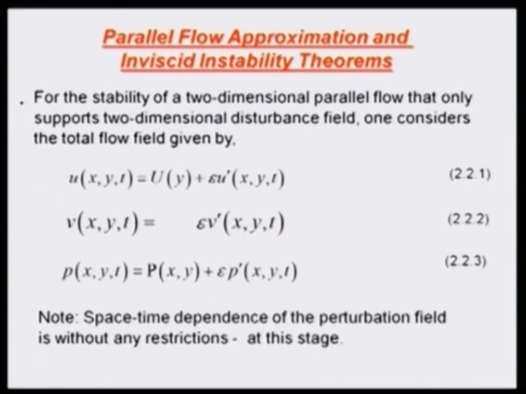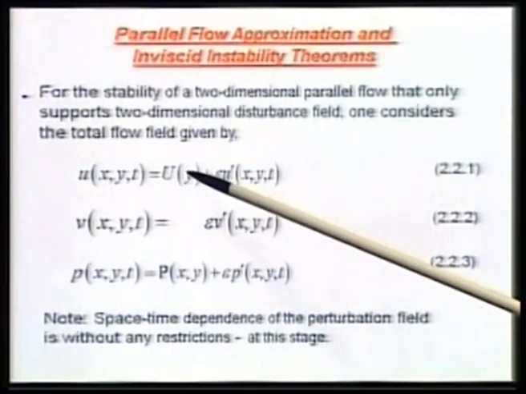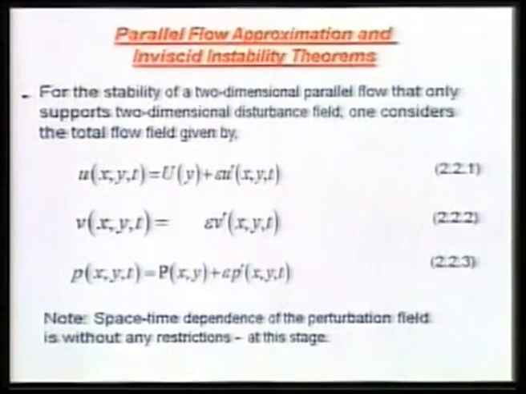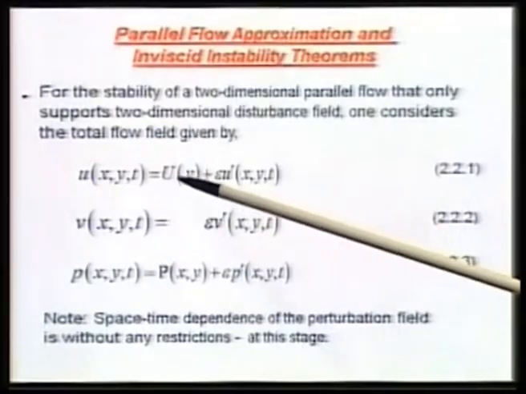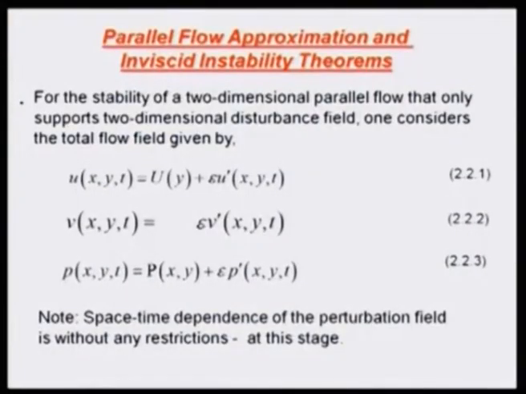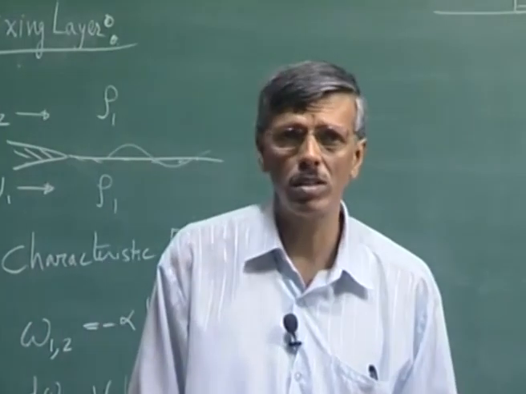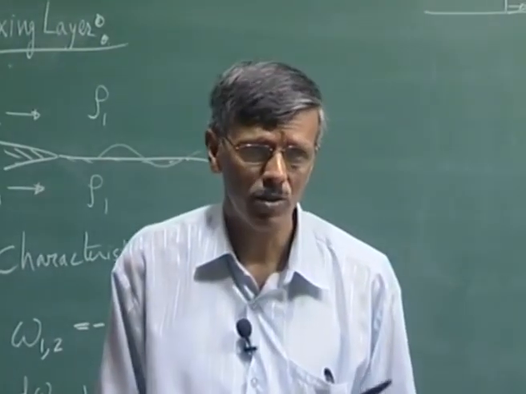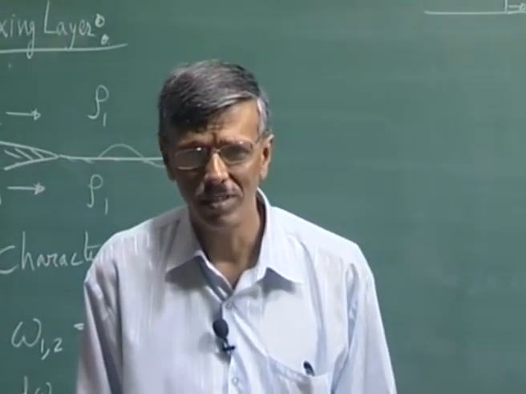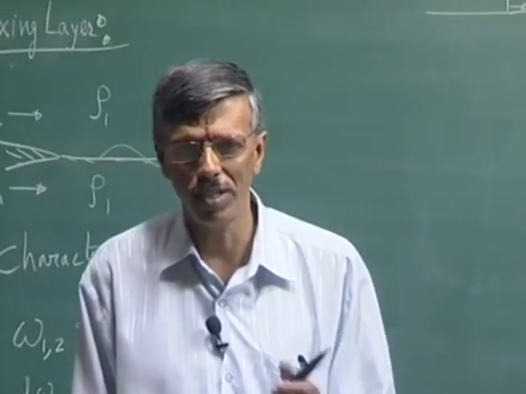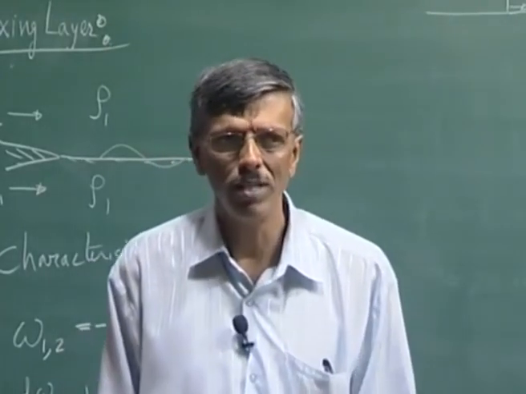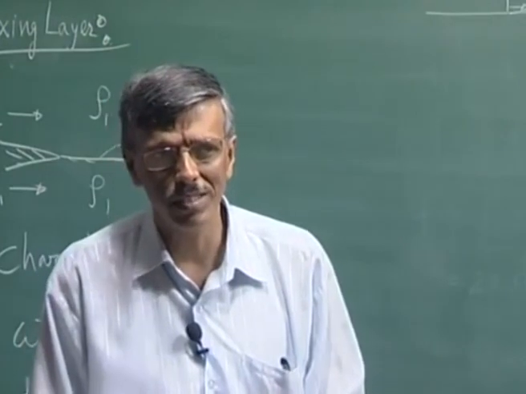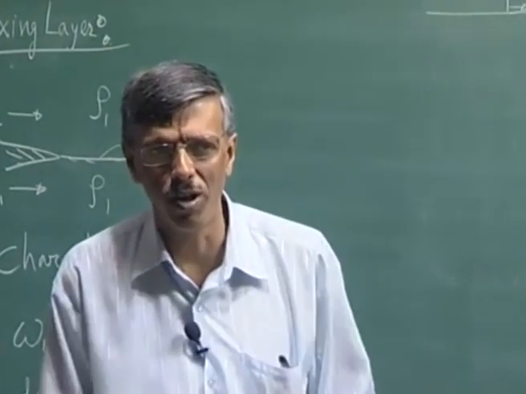For the ease of our analysis, please note that we have looked at a velocity profile which has only a single component, right? So that is in the streamwise direction. So u of y, that's what we have, and this also tells us that this does not vary with x. That means this mean flow or the equilibrium flow that we are talking about is only a function of the wall normal coordinate, but it does not vary as we go along.